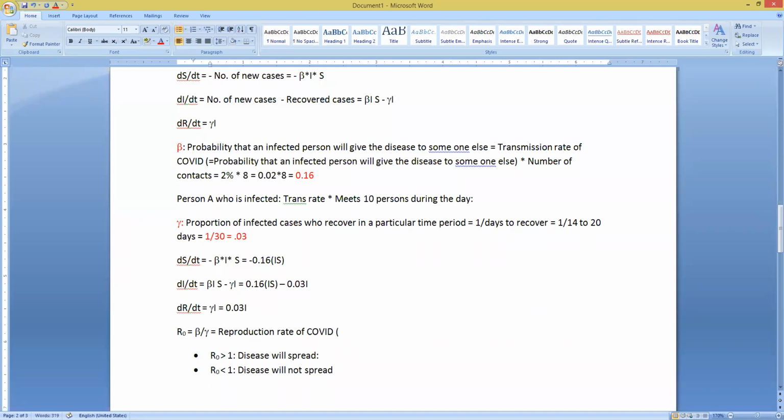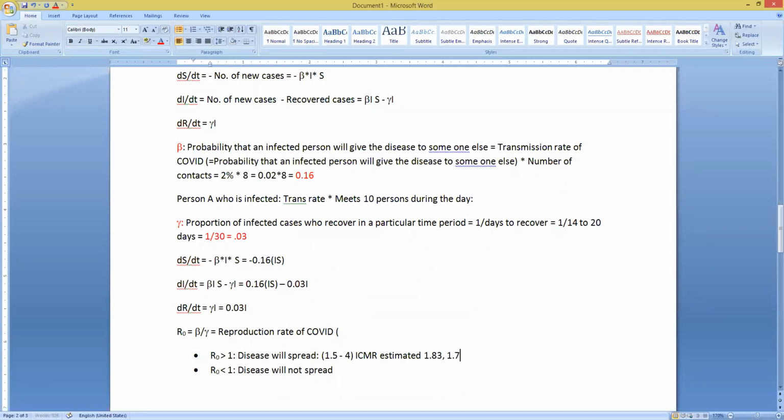Typically, it has been observed that R naught lies between 1.5 to almost 4. At the start of the lockdown, the Indian Council of Medical Research, ICMR, estimated that it was roughly about 1.83.